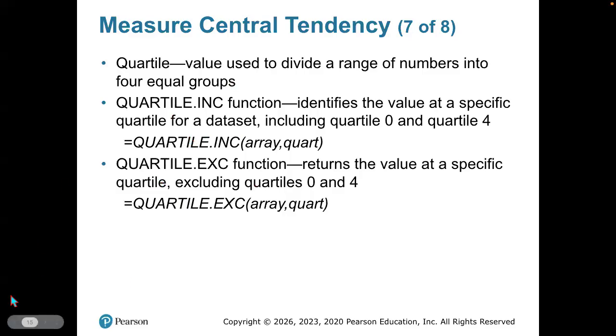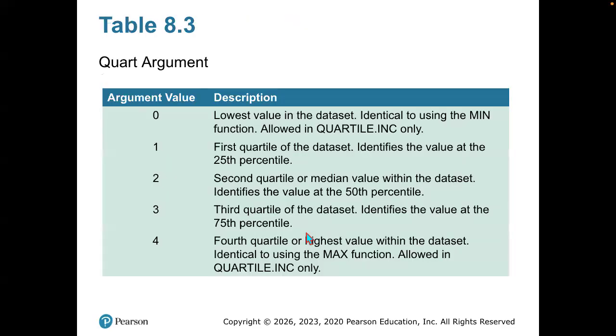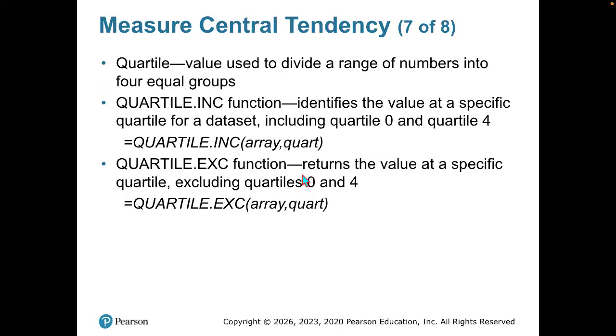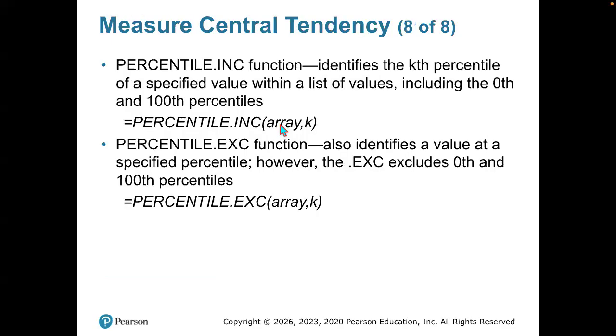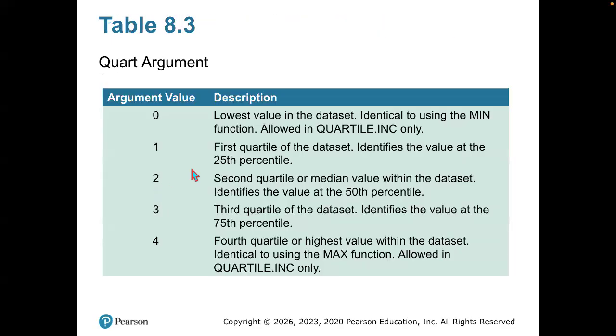If we continue on, I can just specify these quartile arguments with whichever one I want: the 0th, the first, the second, the third, the fourth, etc. Now, interestingly enough, 1, 2, and 3, we already went over: 25th, 50th, 75th. Basic stuff. But the 0th percentile is literally the lowest value.